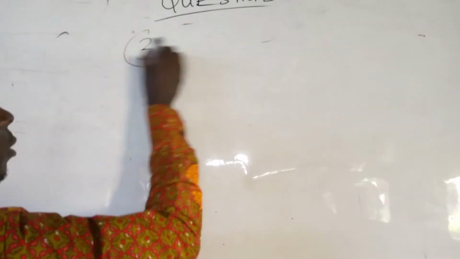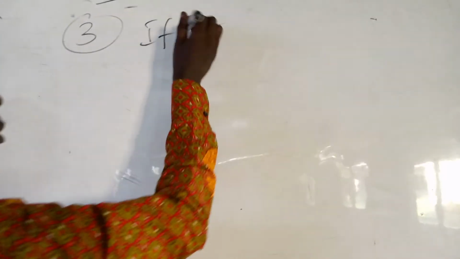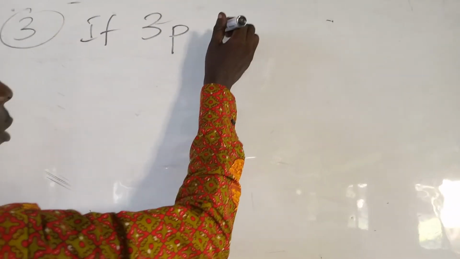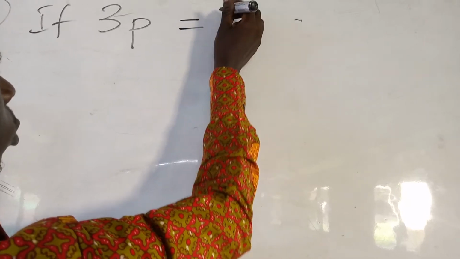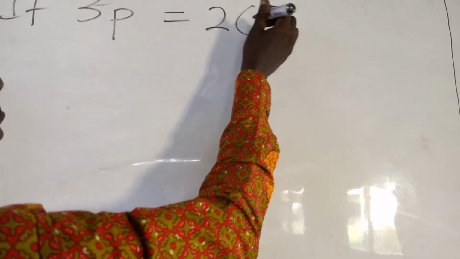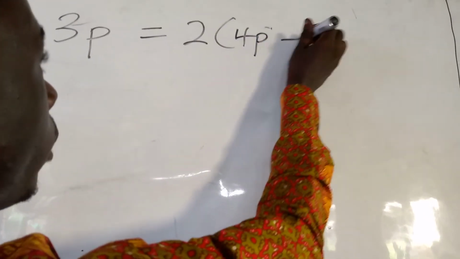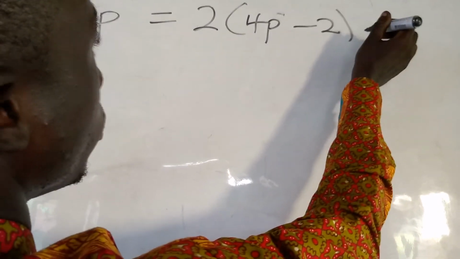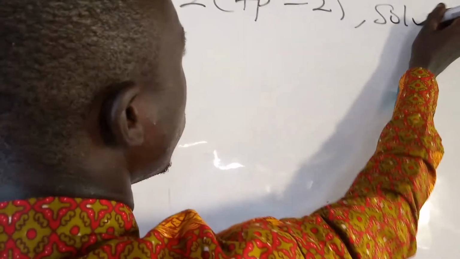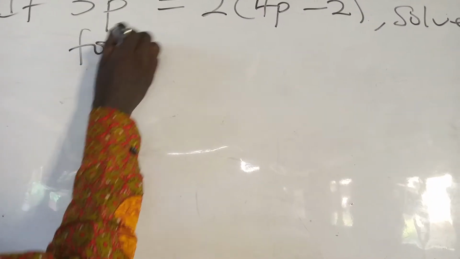Let's move on to our last question. Our last one, 3. If 3p is equal to 2 bracket 4p minus 2 bracket close, solve for p.